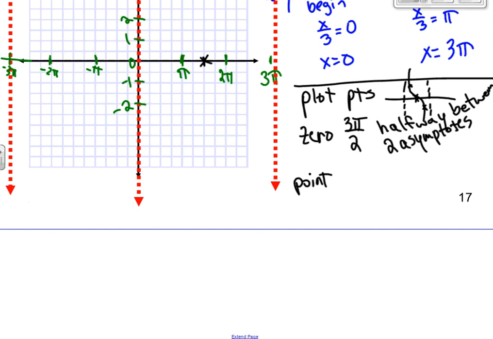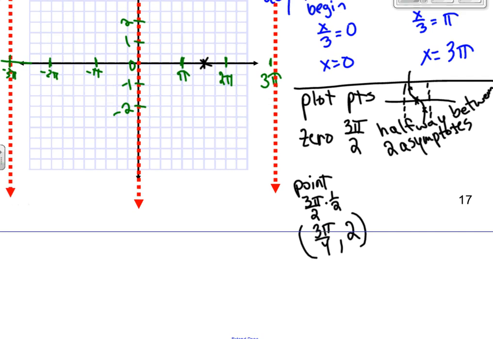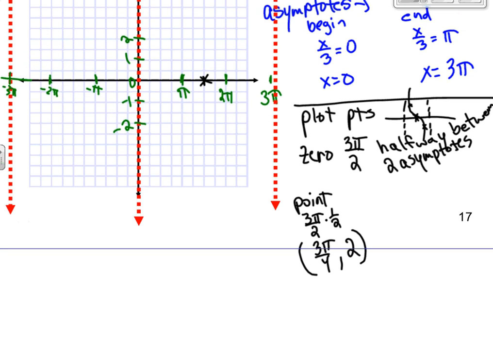A point to plot will be 3 pi over 2 times 1/2, so 3 pi over 4. And that point will be at what would ordinarily be my maximum of 1, but in this case, it'll be 2. So at 3 pi over 4, 1, 2, 3, it'll be 2.